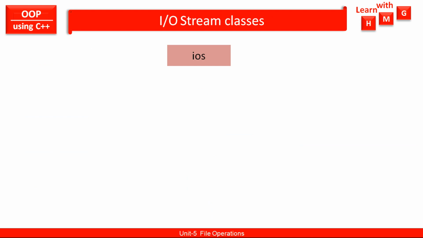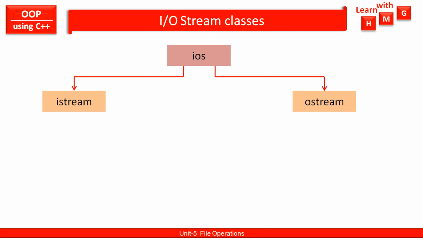Let us see the hierarchy of input output stream classes. The first class is ios, that is the input output system class. This is the main class of this system. From this ios class, one class is derived, that is the istream class, and one more class is derived, that is the ostream class. From these two classes, that is istream and ostream, one more class is derived, that is the iostream class.